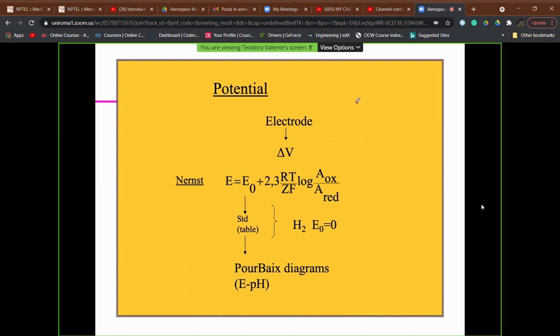Well, the equation that we have seen is this one, the Nernst potential.